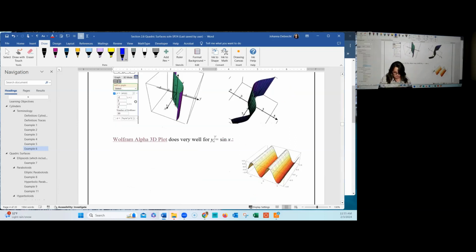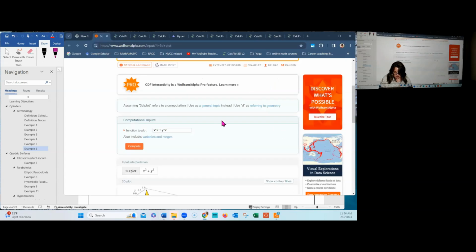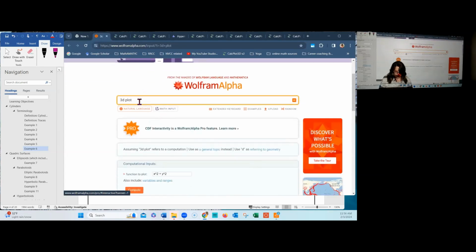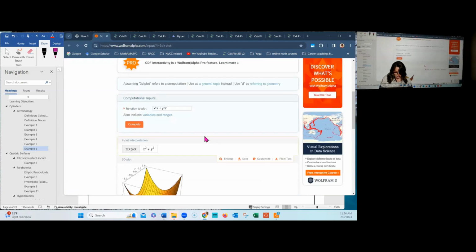Now, when you go to Wolfram Alpha, which you can do by clicking on this link here, and you want to graph y equals sine x, it's going to open on a page that looks like this. It says 3D plot. Don't change that. Come down here. What was it we were plotting? I think it was y equals sine x. So we just want to put in sine.